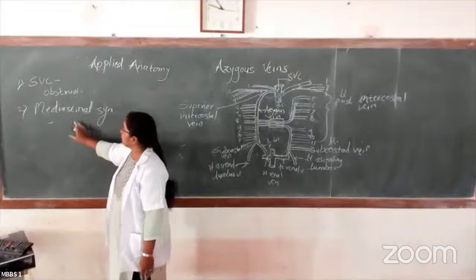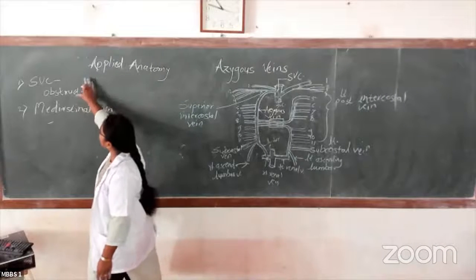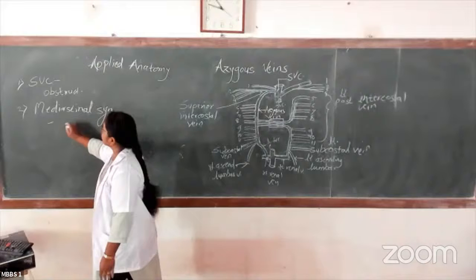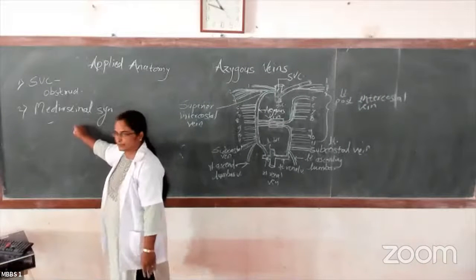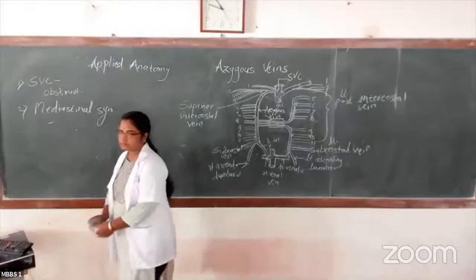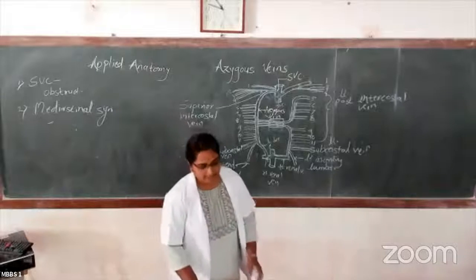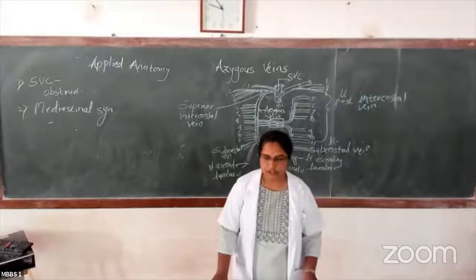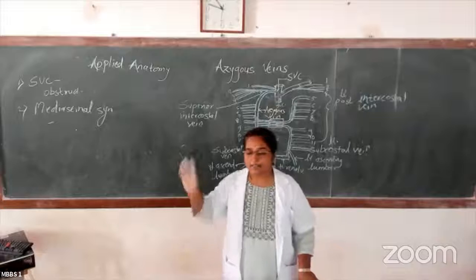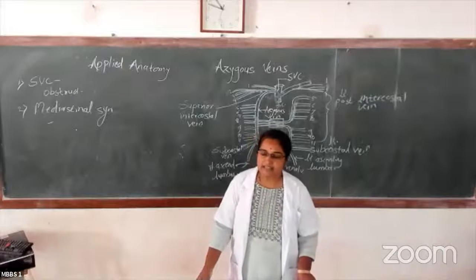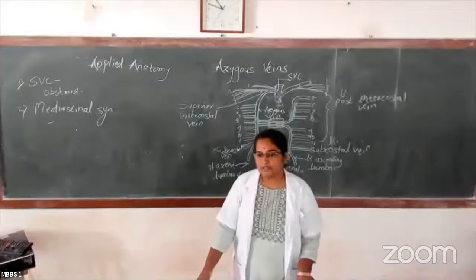So in short, whenever there is obstruction of superior or inferior vena cava, this azygous system of veins acts as an important collateral channel.